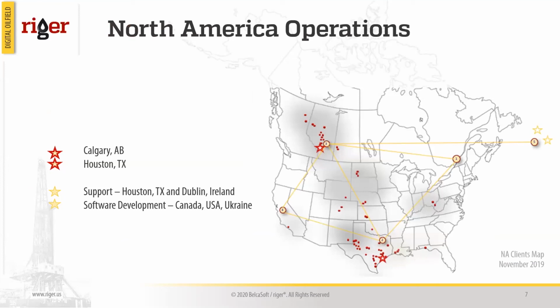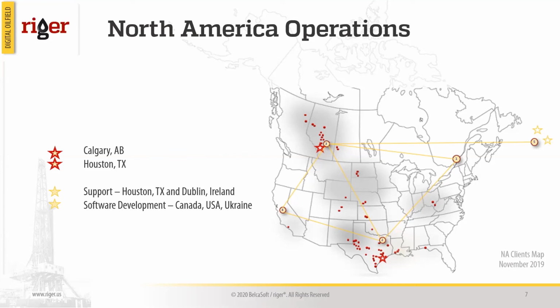Our company operates globally, but the main area of our customers is North America for sure. We have lots of customers down in the United States, mainly in Texas, but also covering North and South Dakota, Wyoming, Colorado, Oklahoma, and others.